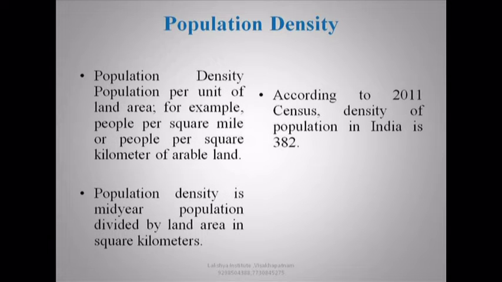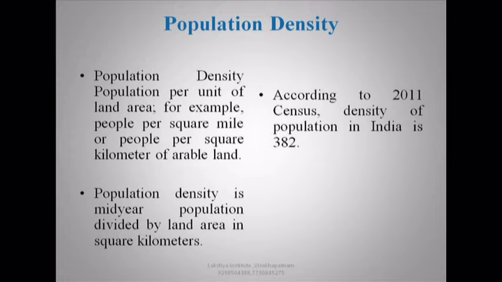Population density. Population density, population per unit of land area, for example, people per square mile or people per square kilometer of arable land. Population density is mid-year population divided by land area in square kilometers.